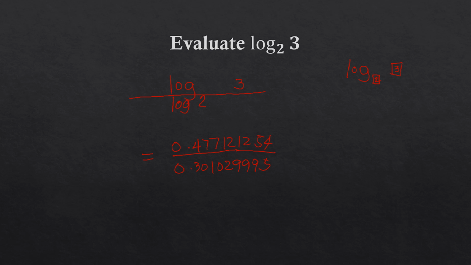So log of 3 divided by log of 2 will be equal to 1.584962501. If your teacher is asking you to round it off to the hundredths place, then you can have it as 1.58. So there you go.